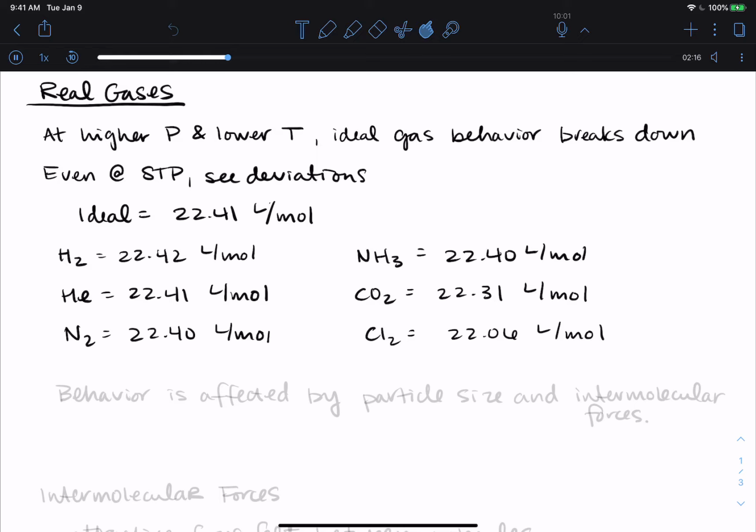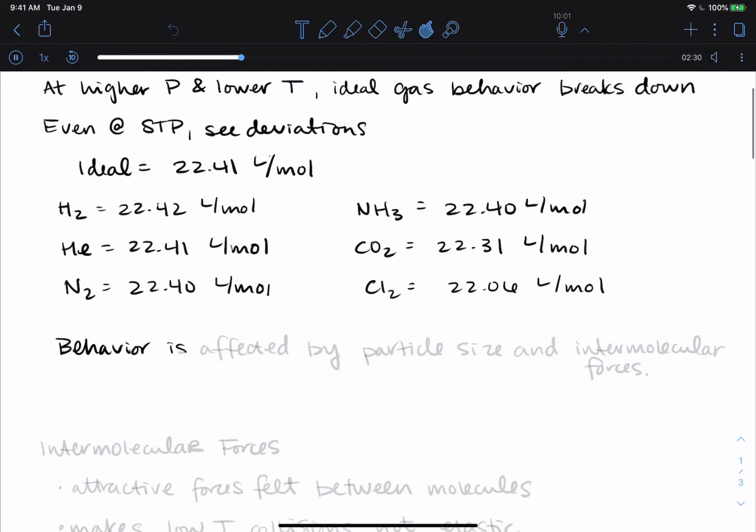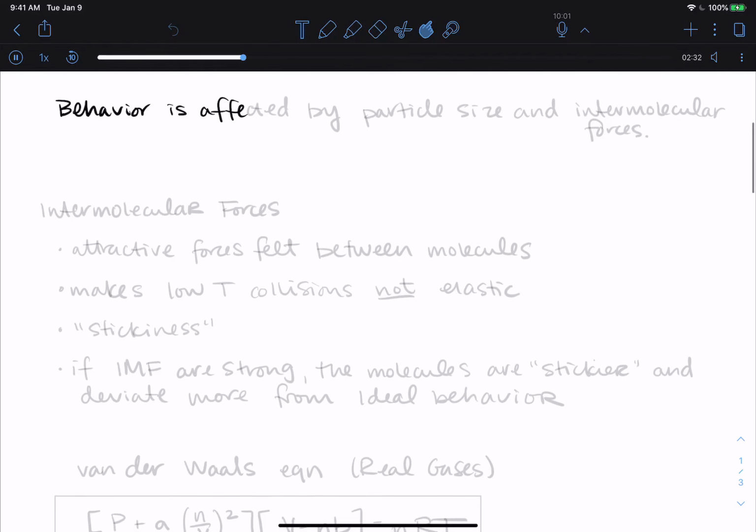So the molar volume and ideal behavior are affected by two factors. Those two factors are particle size and intermolecular forces.